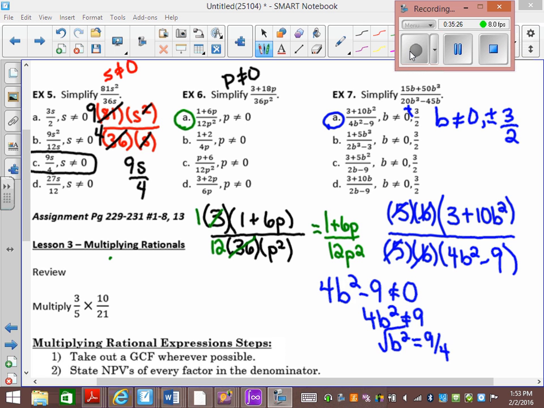Square root it. And when you take the square root, you take plus or minus unless it's 0, remember? And the square root of 9 is 3, and the square root of 4 is 2. So it's plus or minus 3 over 2. They oopsied.